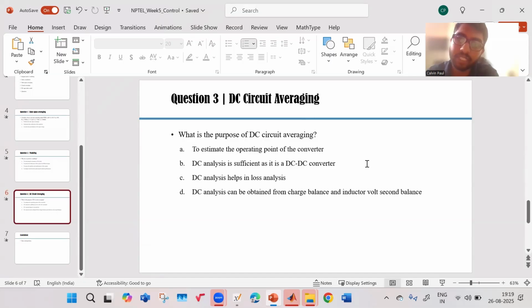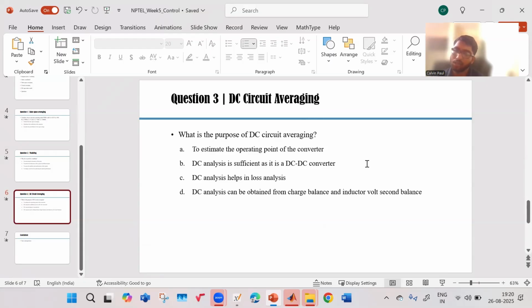So what is the purpose of DC circuit averaging? What do you think? Option A. Okay.